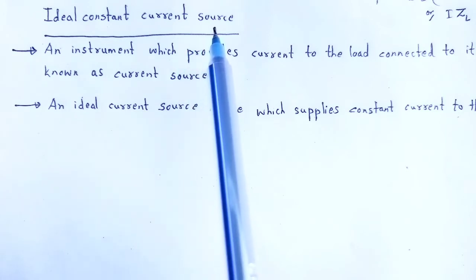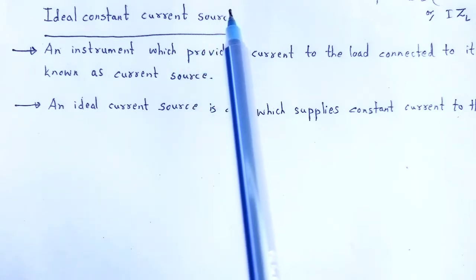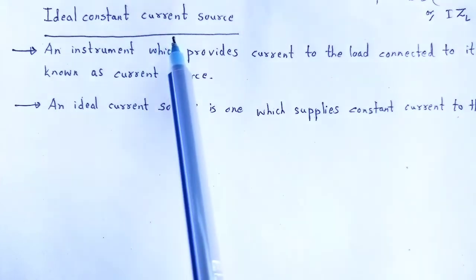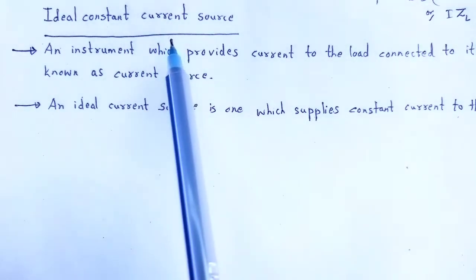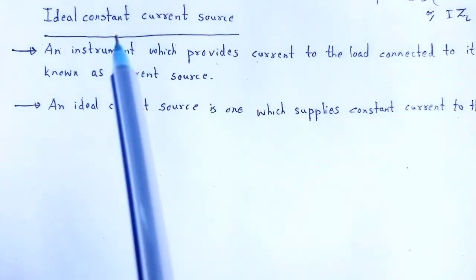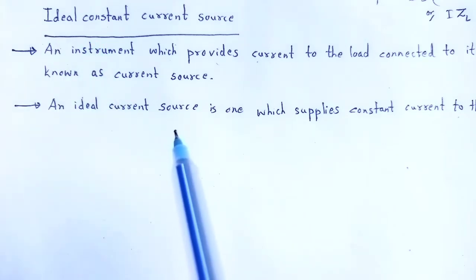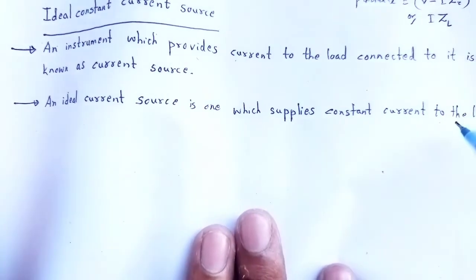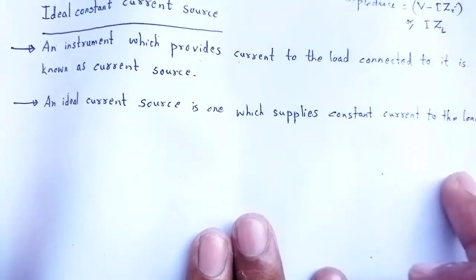The instrument which provides current to a circuit is known as a current source, and if it is continuous or constant, then it is known as a constant current source. In case of ideal, the current source supplies constant current to the load.